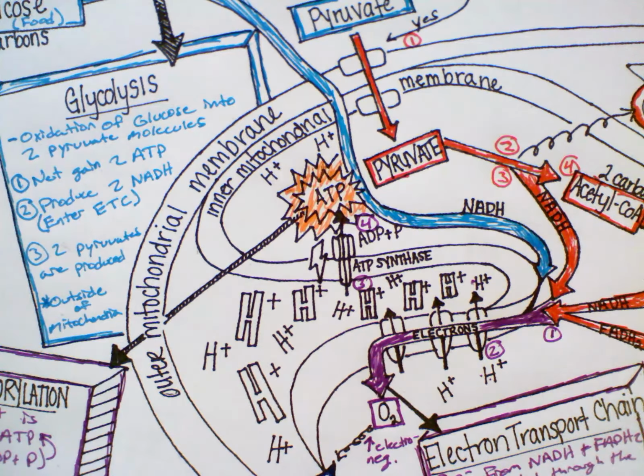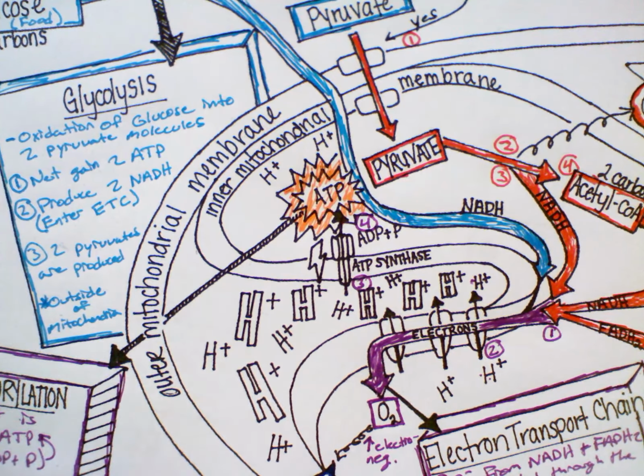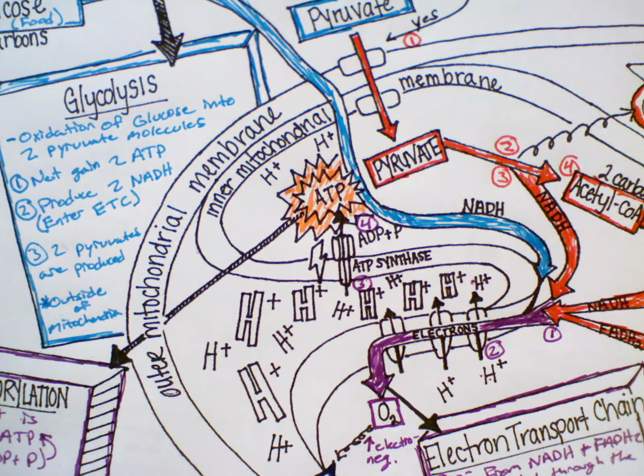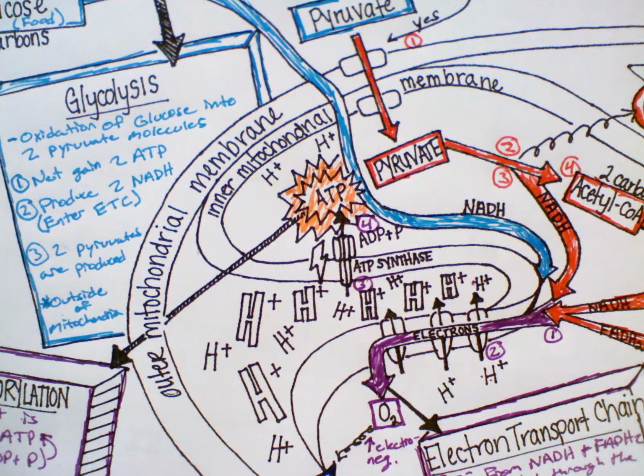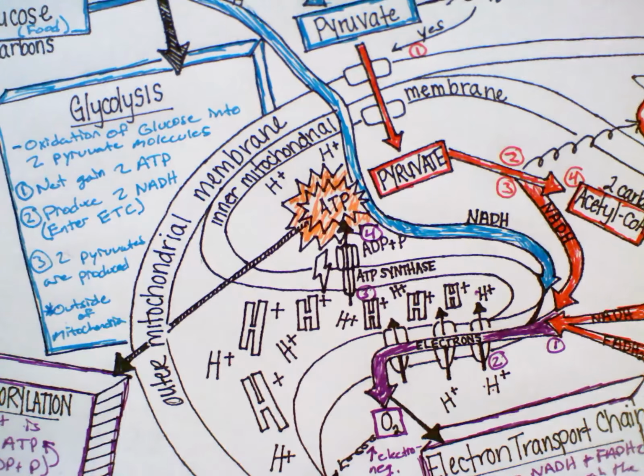Now, what I want to try to do, and we don't have much time to do it, is just kind of wrap this whole process up. So just bare bones, what I want you to know about these processes. If we look at glycolysis, I'm going to tell you this while I'm writing because the bell's going to ring on us. Last hour we got through this whole thing, so I'll post their video and it'll have the whole thing on it.